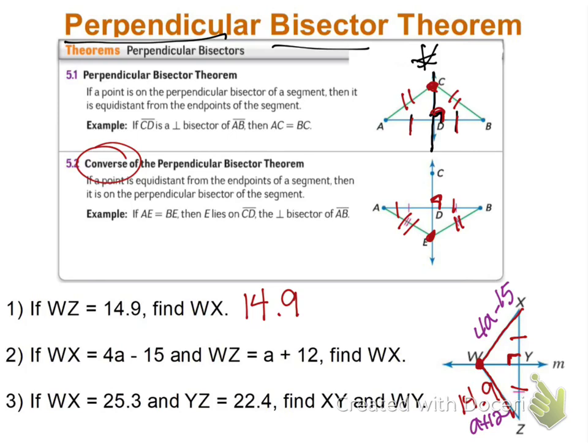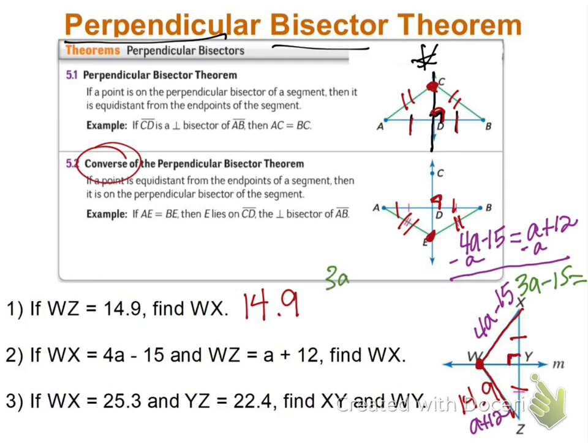So here I would do 4A minus 15 equals A plus 12, and I'm just going to solve for A. So I'll subtract A from both sides. Okay, I would get 3A, sorry, I'm kind of running out of room here, 3A minus 15 equals 12.